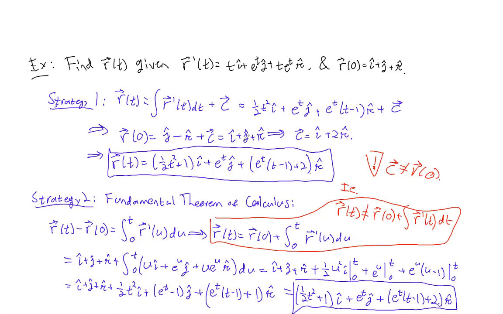But the notation is a little bit hand wavy and it's not as rigorous. Strategy 2 is much better notation in a lot of ways. So it's up to you which one of these you want to use. You can use either, both. It doesn't matter. But just make sure that you're not just adding r naught to whatever you find as your antiderivative, because that generally is not true.